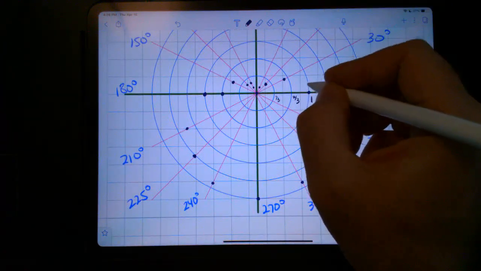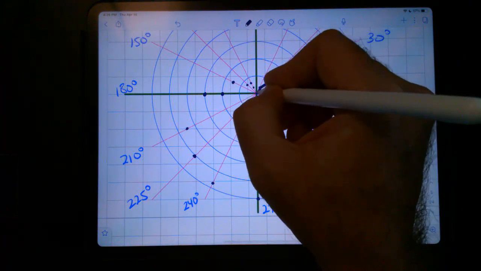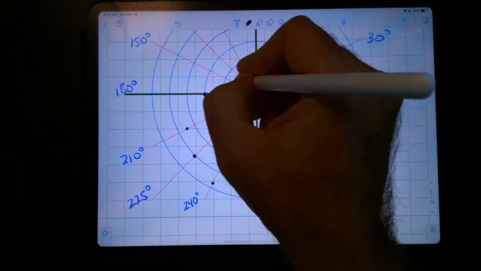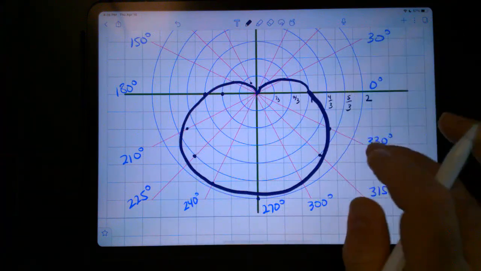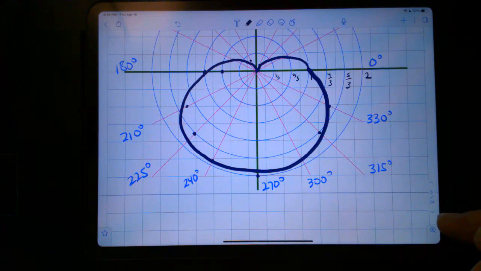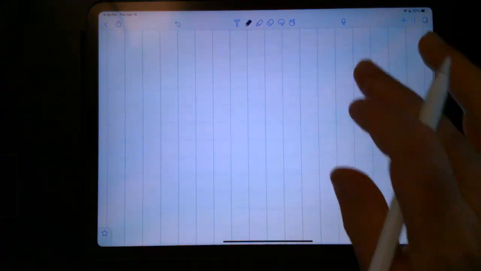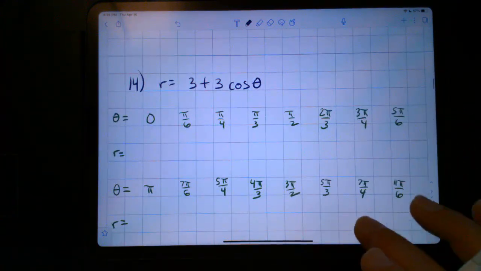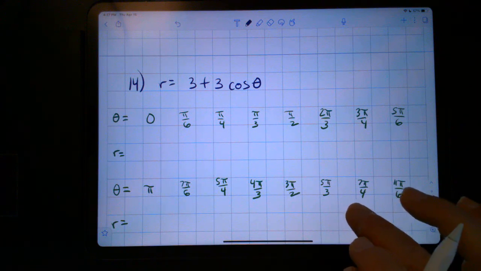Okay. Let's see if I can do this. Okay. Here we have r is equal to 3 plus 3 cosine theta.